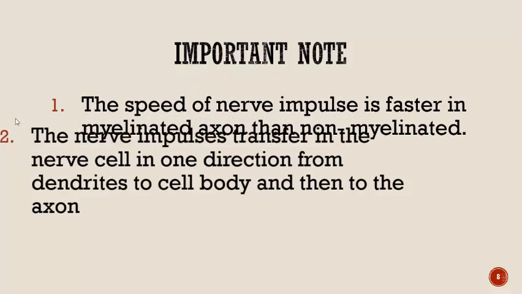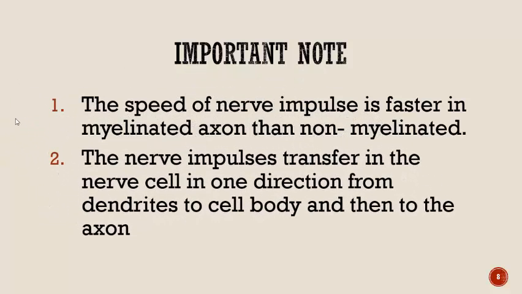And second, the nerve impulse transfers in the nerve cell in one direction, from the dendrites to the cell body, then to the axon, and from the axon to the other cell. So the nerve impulses transfer in one direction only.